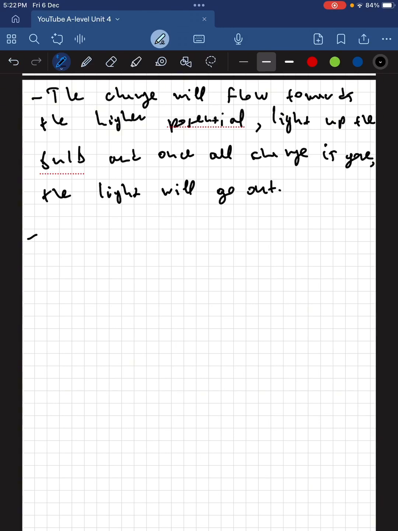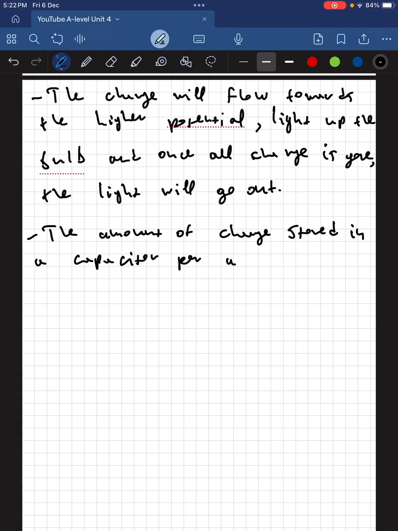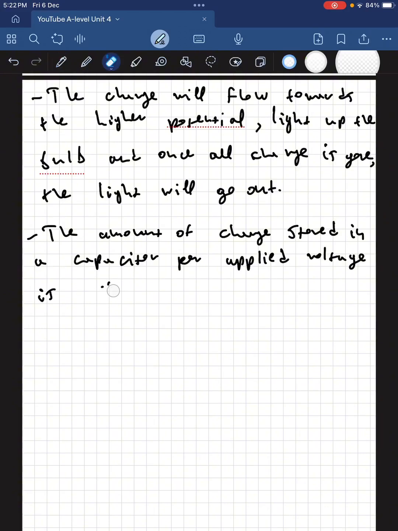So the amount of charge stored in a capacitor per applied voltage is called C, the capacitance of the capacitor.